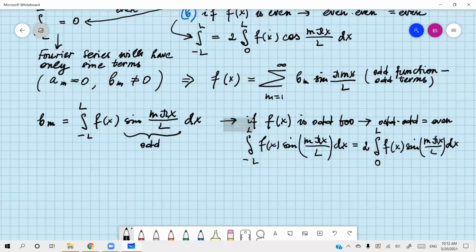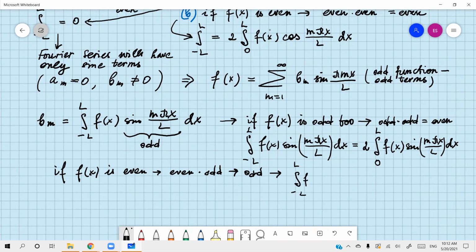What is going to happen if the function is even? If f of x is even, we have even multiplied by odd, which is going to produce odd, right? Which means that the integral from negative L to L of f of x sine of m pi x over L dx is going to be equal to 0. For odd functions, integrals are 0 because areas are equal but opposite in sign.